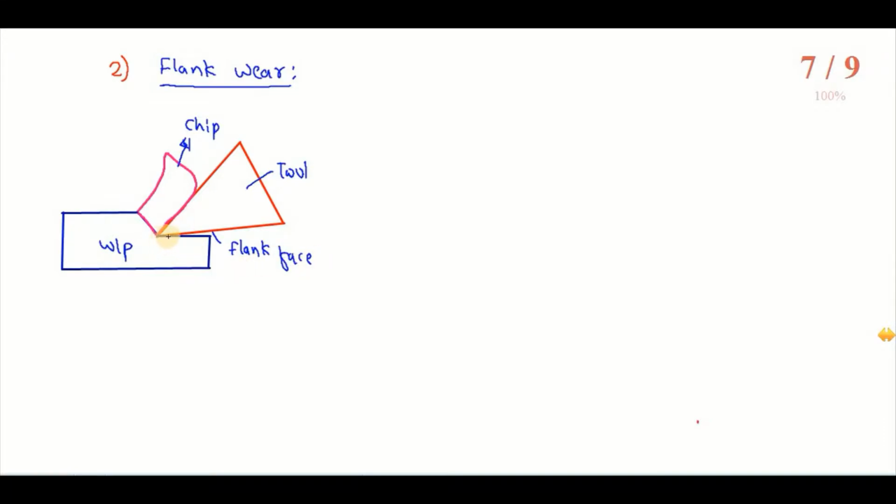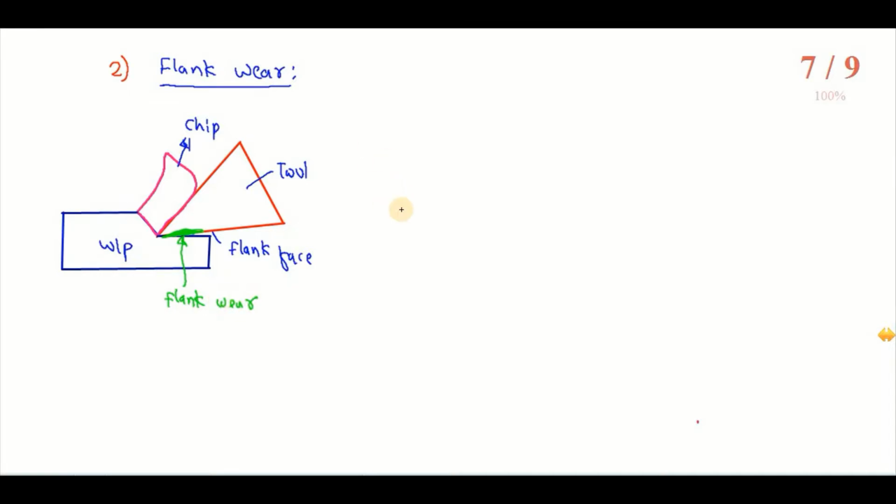Whenever there is an abrasive action between the workpiece and the flank face of the tool, at that point we are getting this wear. The microchips which are generated on the machined workpiece surface cause the flank wear, that wear of the tool takes place. So this wear is taking place at the flank face of the tool, so it is called flank wear.